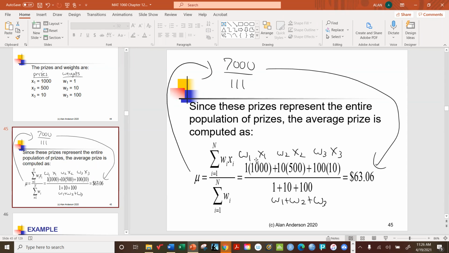Remember, we're multiplying the weights by the X's before adding them up in the numerator. In the denominator, we're simply adding up the weights. In the numerator, we end up with 7,000. In the denominator, we end up with 111. And that gives us an average prize of approximately $63.06.